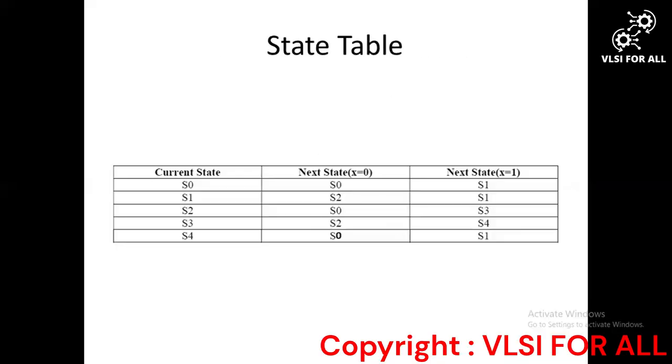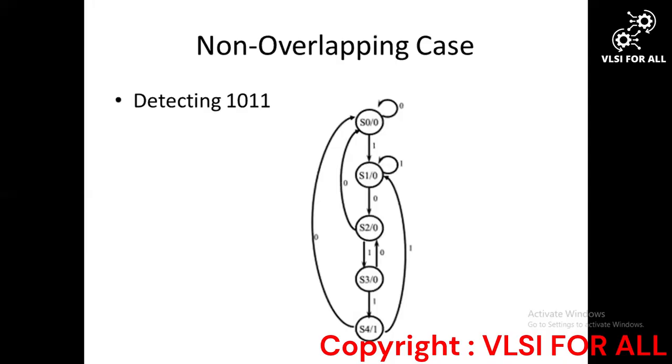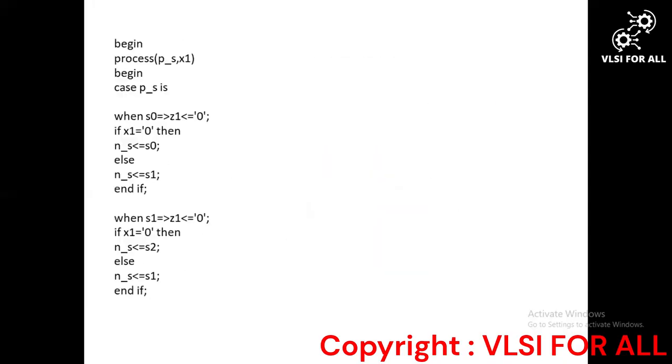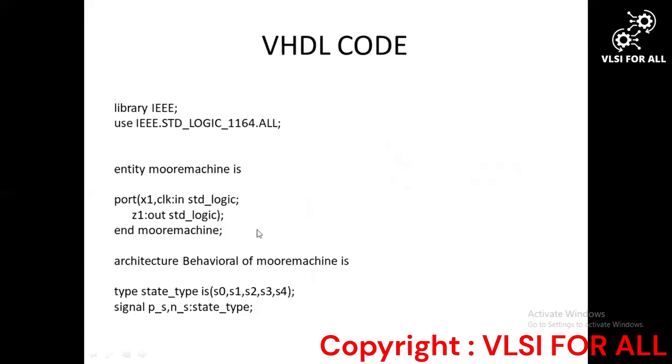Now we will see the code for the non-overlapping case. It is the same as what we have written in the overlapping case. First of all, we have declared the IEEE library. After that, we create an entity Moore machine, and we have declared X1 and clock as input ports, and Z1 as the output port.